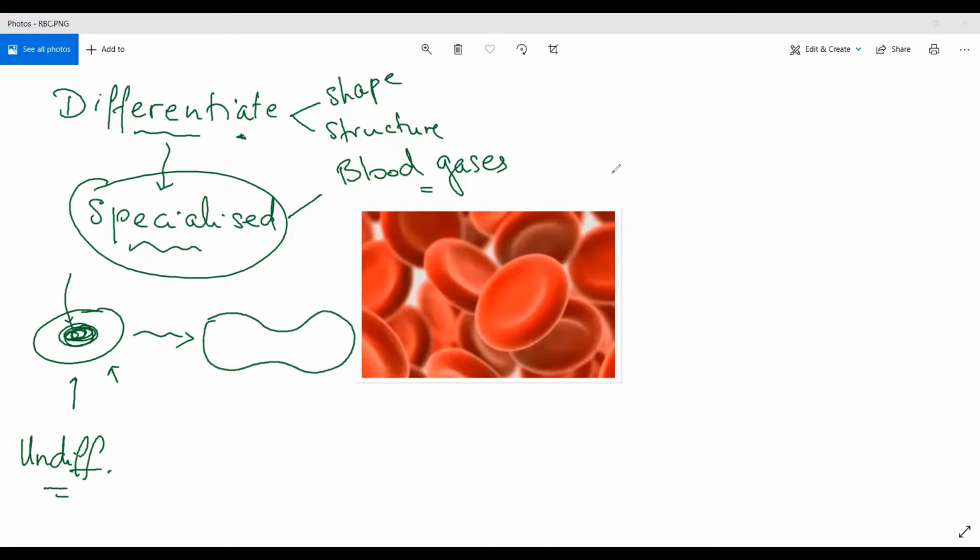So the nucleus is supposed to be here to give the cell a swollen shape. Now the nucleus disappeared. So that's why the cell collapsed in the middle. And the space where the nucleus was found is going to be filled with hemoglobin.